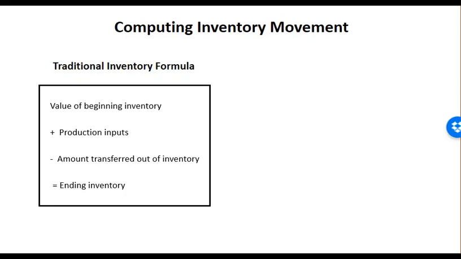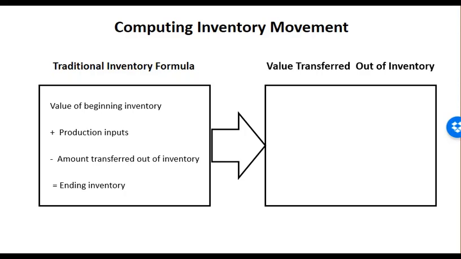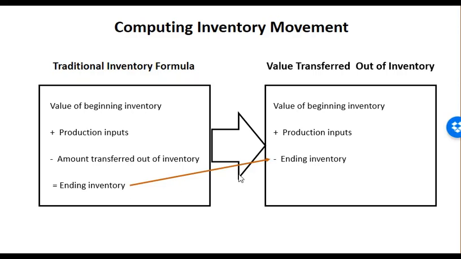Now what we're going to see is that we're going to have values available for our beginning inventory, our production inputs, and our ending inventory. Well, that's kind of a problem because we still have to solve for the amount transferred out of inventory. So again, we use simple algebra to rearrange our formula. We start out with our beginning inventory plus our inputs, but now I take my ending inventory and subtract that out, and that's going to end up with the amount transferred out of inventory.